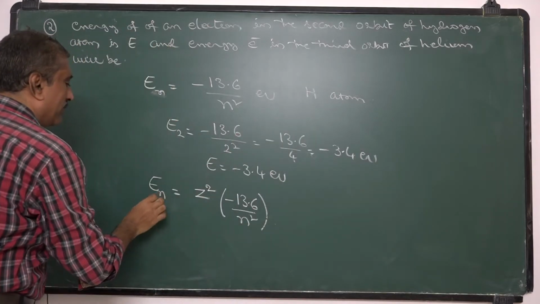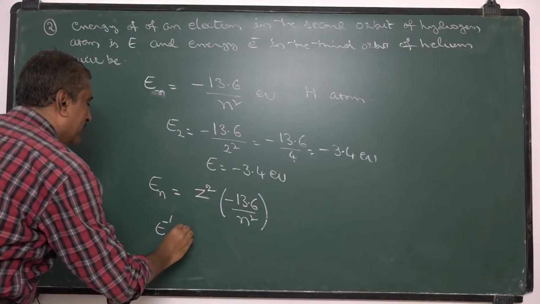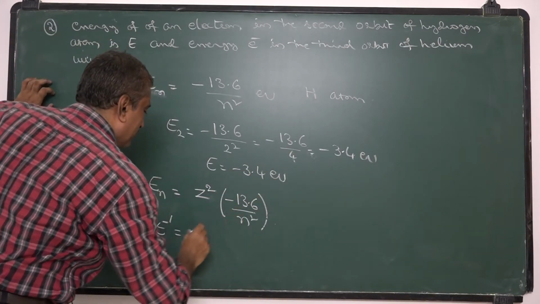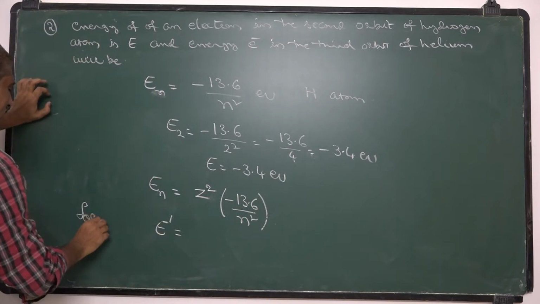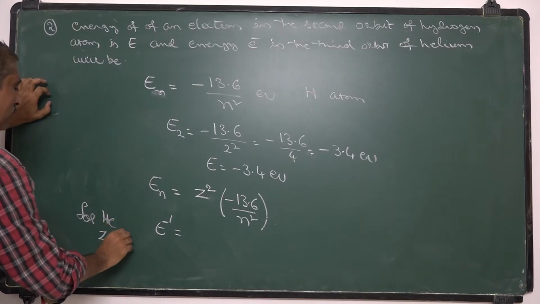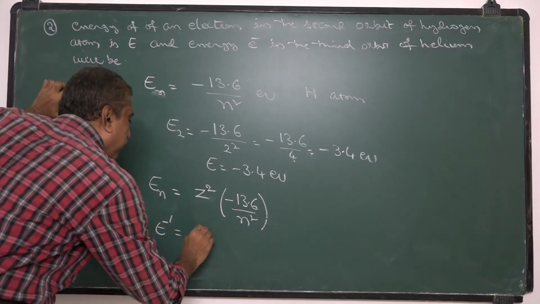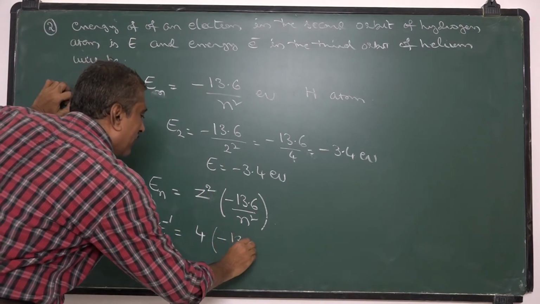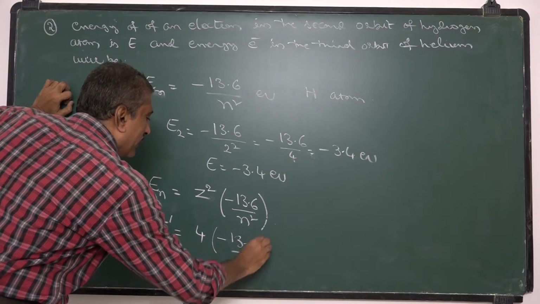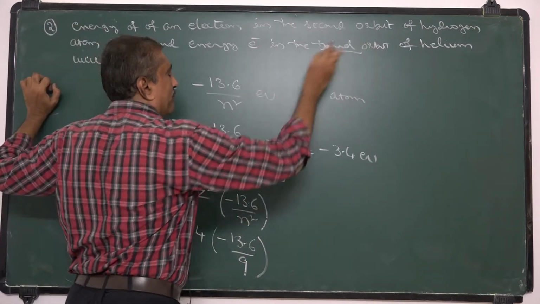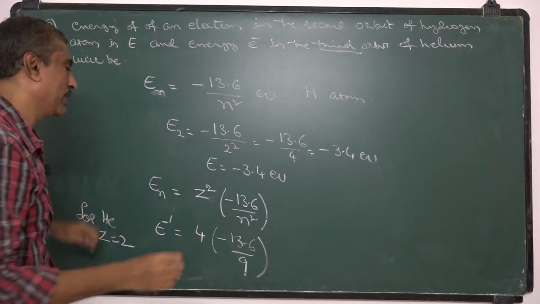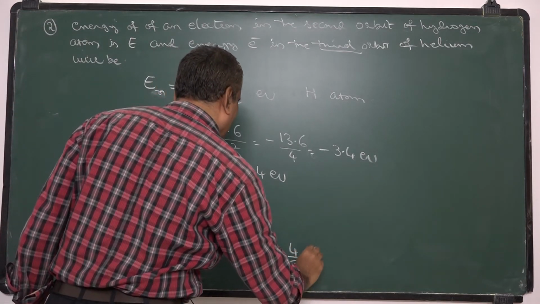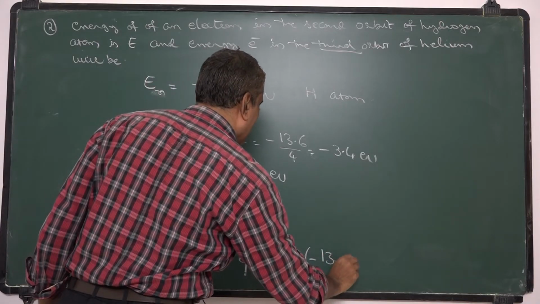So assume that E dash is equal to Z square into minus 13.6 by n square for helium atom. Z is equal to 2. So we can write 2 square is 4 into minus 13.6 by 9, because third orbit, so 3 square is 9. So this is equal to 4 by 9 into minus 13.6.